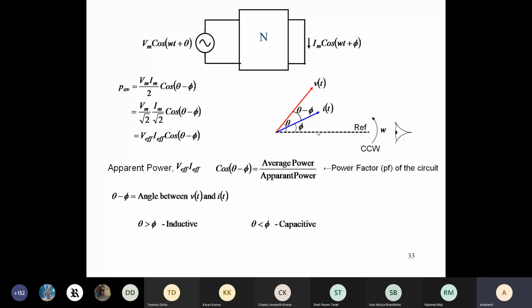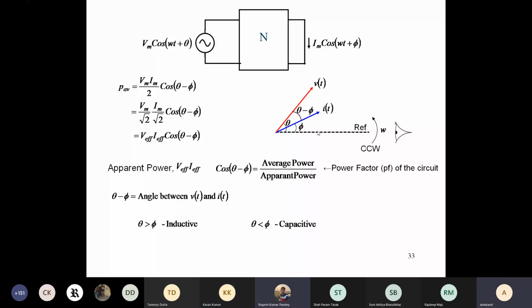If it is an inductive circuit with a particular power factor, find the angle by cos inverse and draw the phasors; because it is inductive, current will lag the voltage. If it is a leading circuit, find the angle by cos inverse and place the current phasor ahead of the voltage phasor.